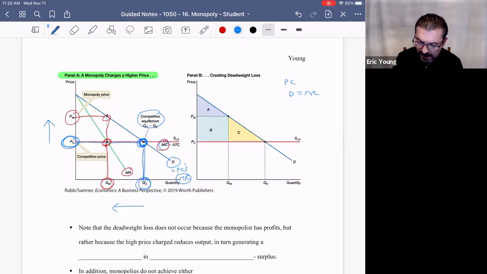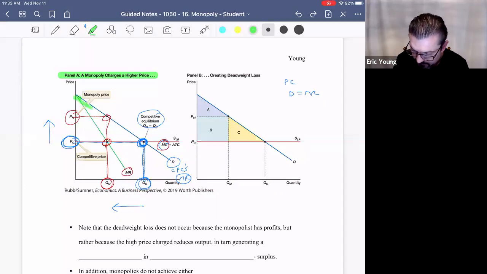To understand why, let's go back and analyze this as if it were strictly PC. You would have your demand curve here, you'd have your price here, so this whole triangle here would be all consumer surplus. Not bad. When you go to monopoly, the consumer surplus falls.